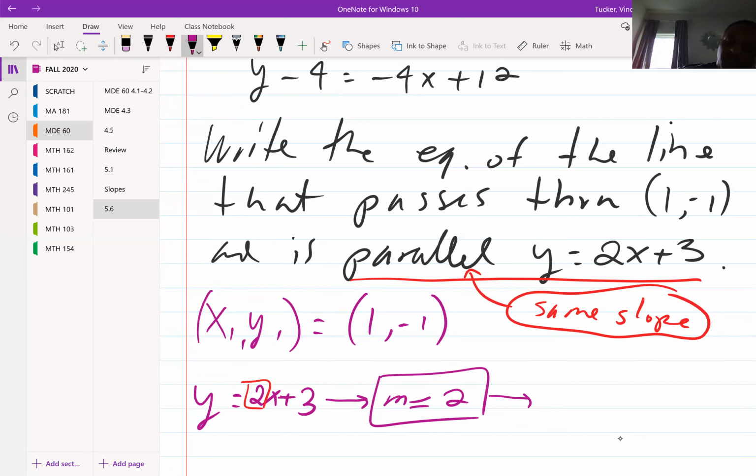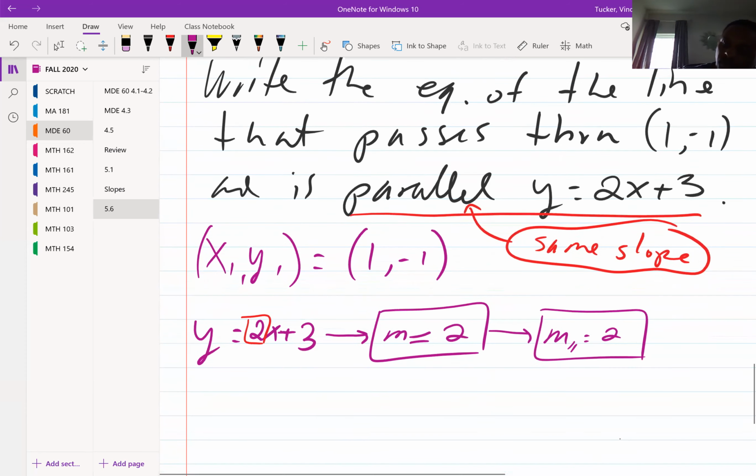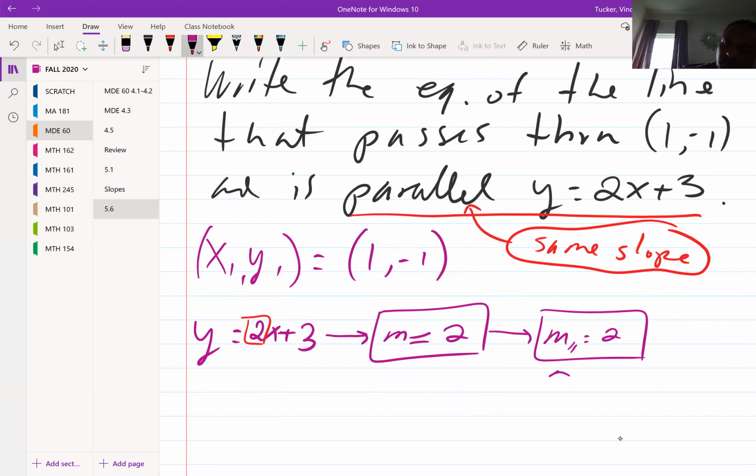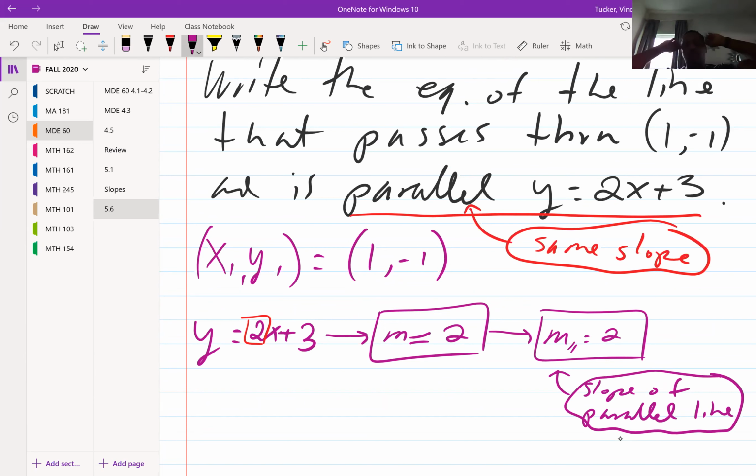So this means the slope of our line is going to be 2 as well. So the slope of a parallel line is 2.